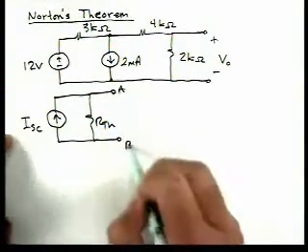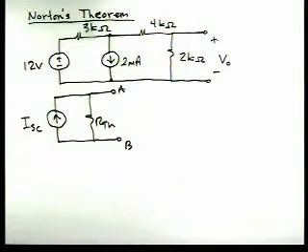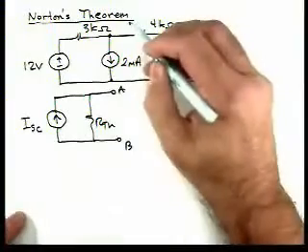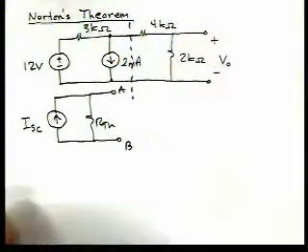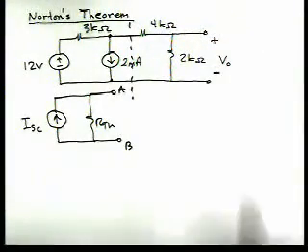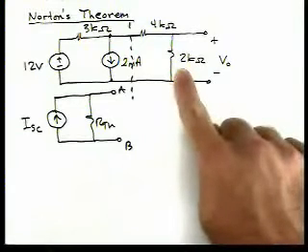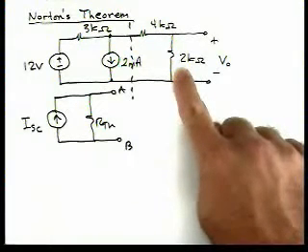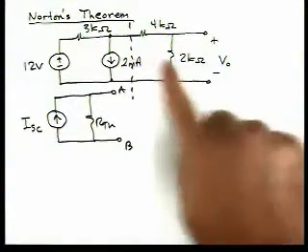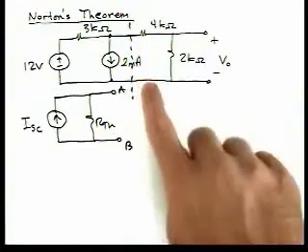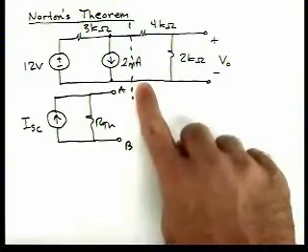Now we were asked to break it at this point in the circuit. Okay. Now we broke it at the 2K resistor for the Thevenin theorem. We could do the same thing here, but let's look and see what happens if I break the circuit here now. Okay. So we're going to calculate the short circuit current.